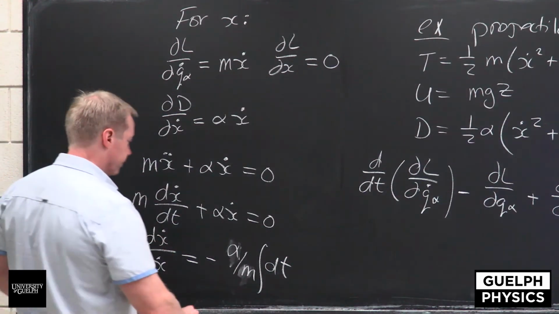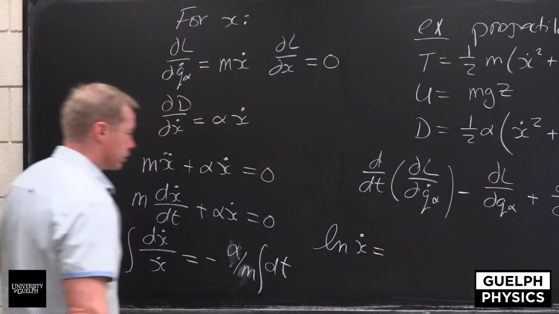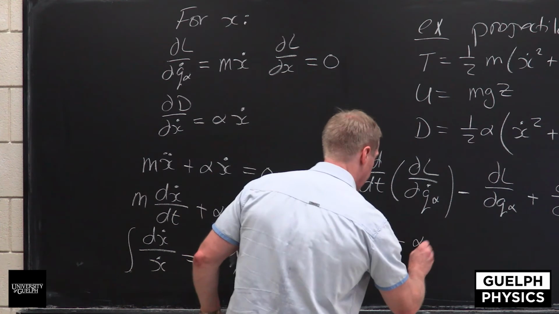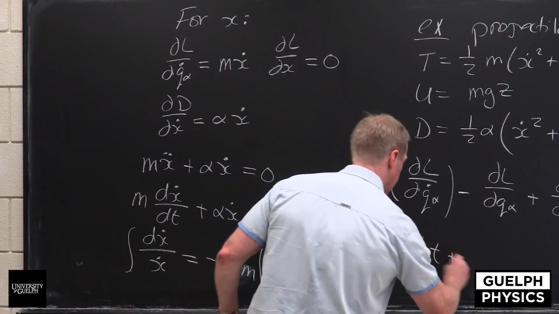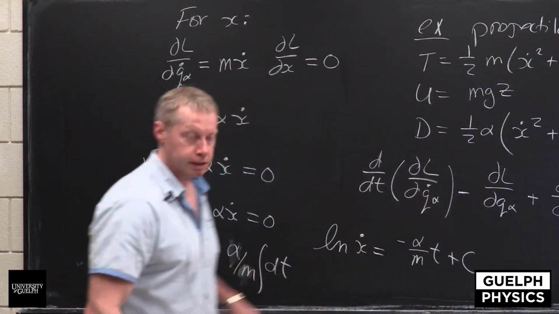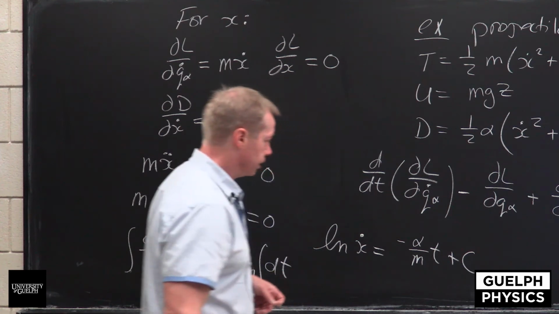So solving, I get a natural logarithm of x dot is minus alpha over m t plus some constant, and then I can easily solve for the velocity, and integrate again to get the position.